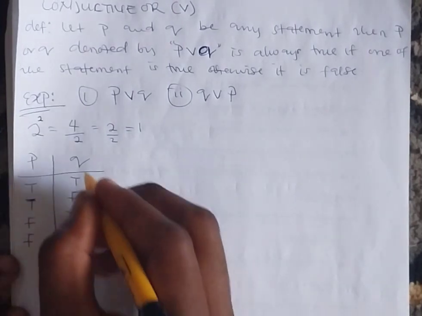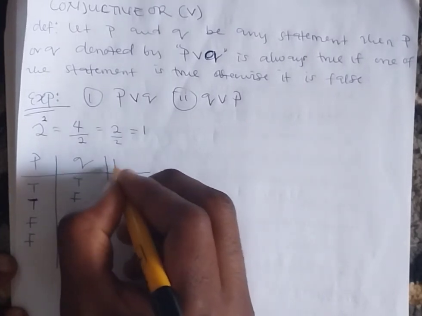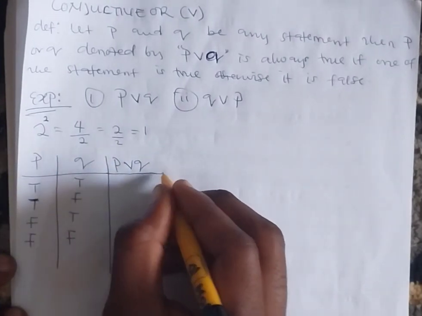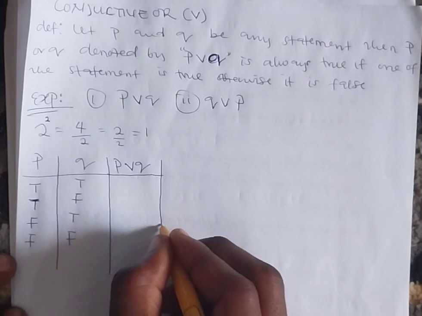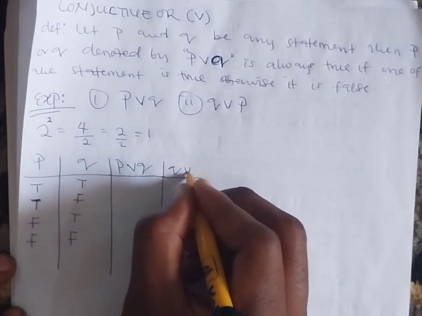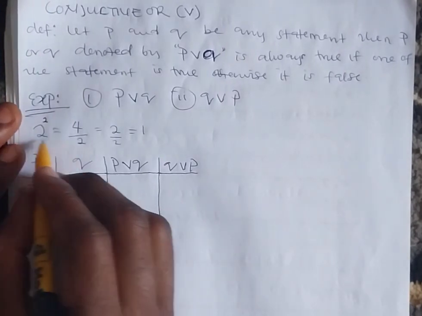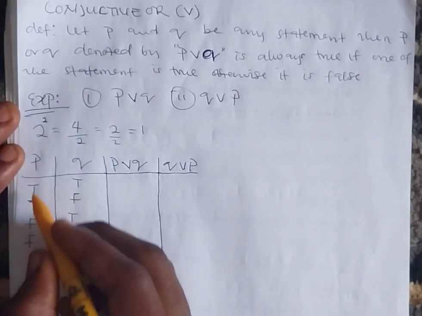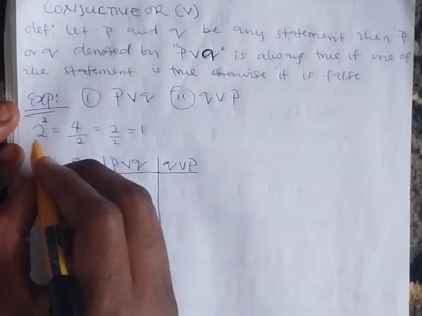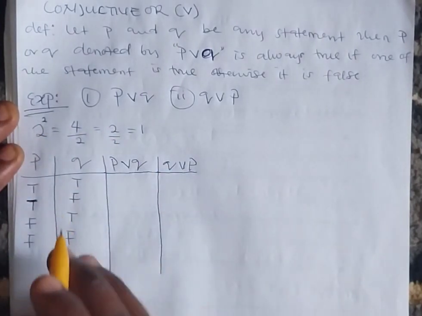Then to look for P ∨ Q and Q ∨ P. I only use this formula so that you know how your truth table is going to look like.